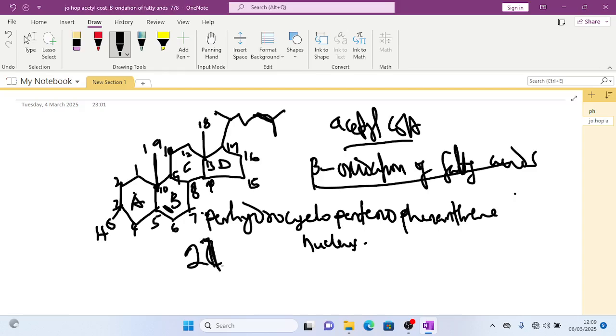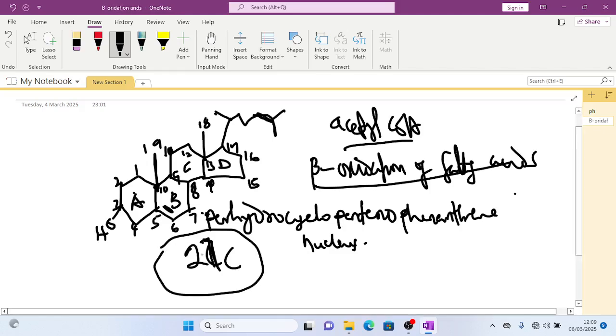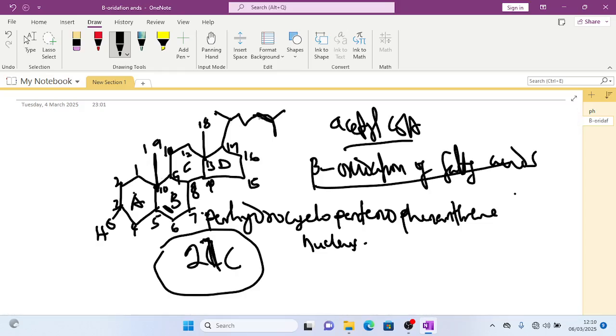Cholesterol has 27 carbons if you count. If this is 19, then this is 20, 21, 22, 23, 24, 25, 26, 27. So cholesterol has in total 27 carbons.